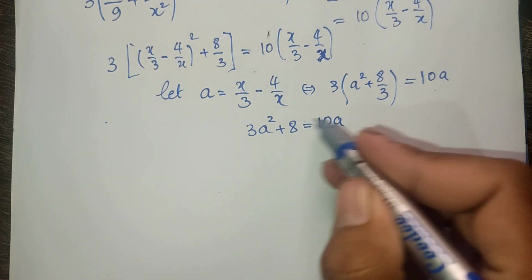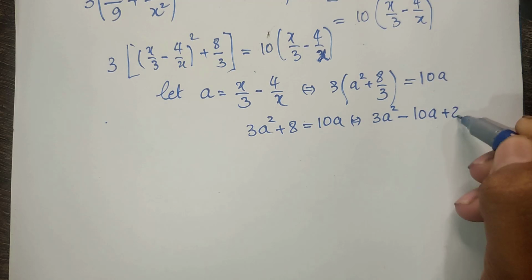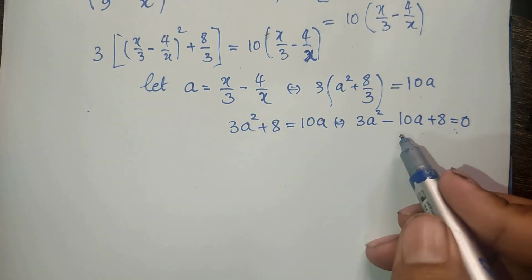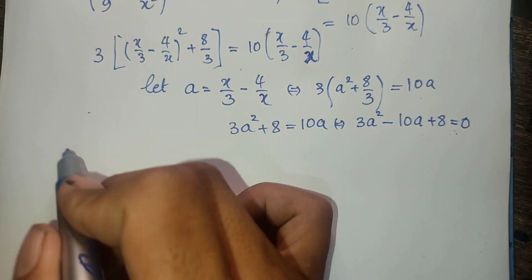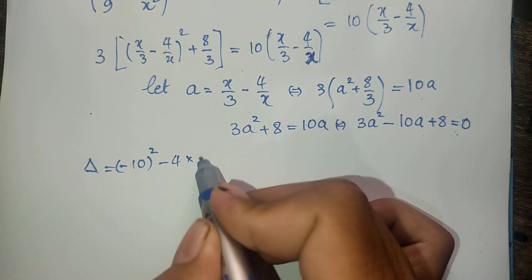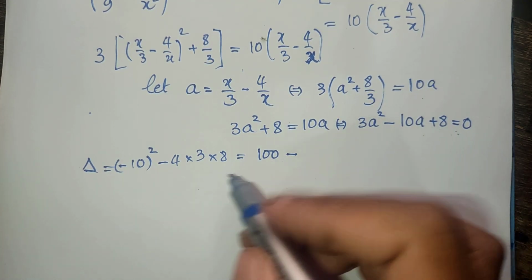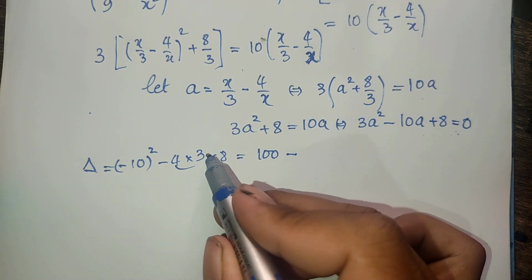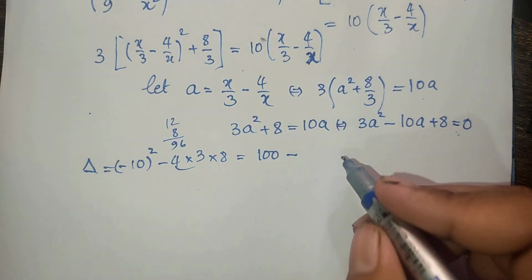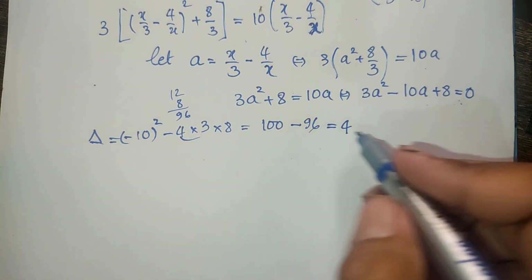Now I move 10a from the right side to the left side, and we get 3a squared minus 10a plus 8 equals 0. The discriminant is minus 10 all squared minus 4 times 3 times 8, which equals 100 minus 96, which equals 4.